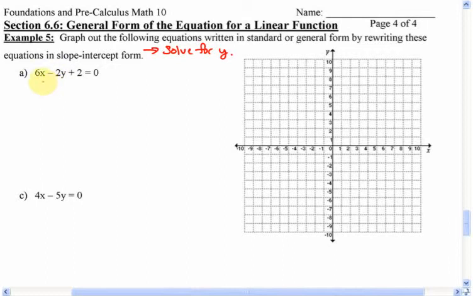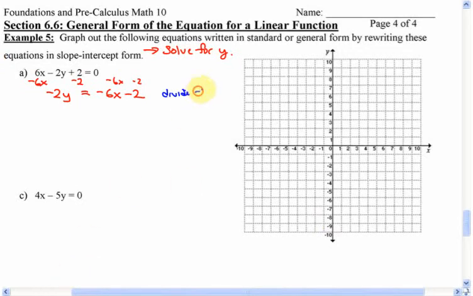So in this case, I'm going to probably move the 6x to the other side. And I'll move the 2 as well. So let's do that at the same time. So negative 2y equals negative 6x minus 2. Once again, I want to solve for y. So in this case, I got to divide both sides by negative 2.